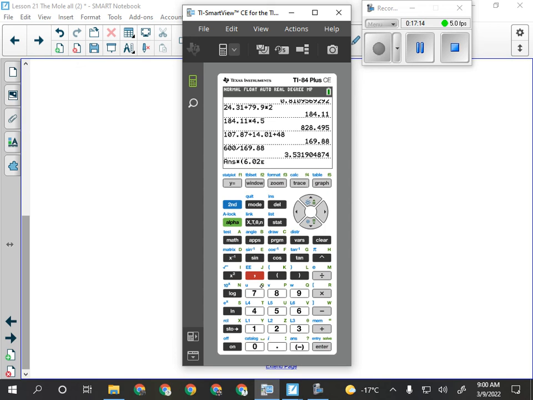Putting in that E means times 10, and then the next number you enter is the power that goes on the 10. What power goes on the 10 here? 23. That's Avogadro's number entered on the TI. So you put in the base, then you go second comma, and you'll get the E, then 23.